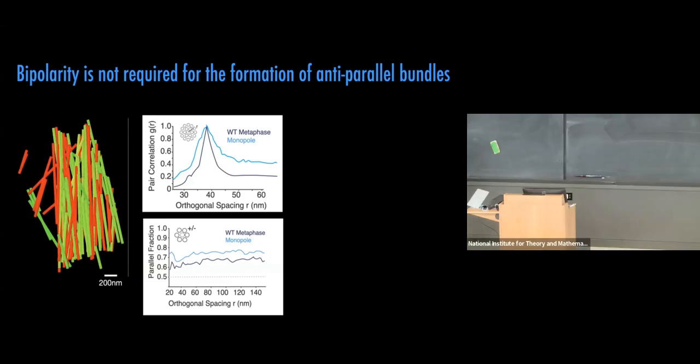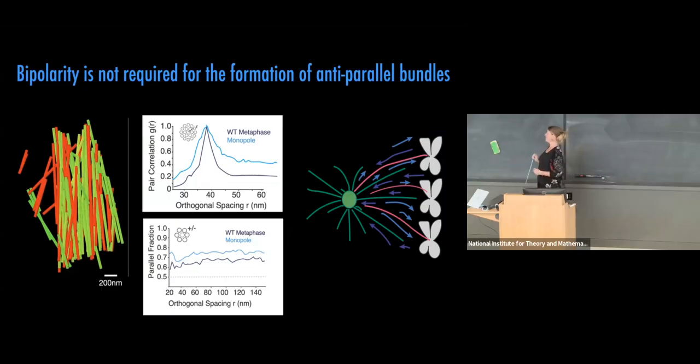So that suggests that bipolarity is not a prerequisite to have these antiparallel microtubules. Naively, in a cartoon, it would be somewhat like this: you still have a monopolar spindle, and there are these antiparallel microtubules in this spindle.